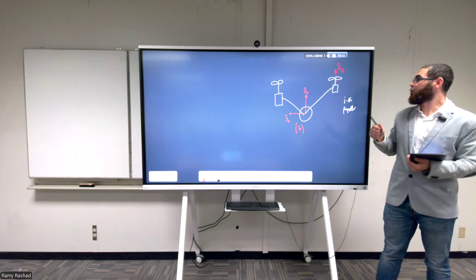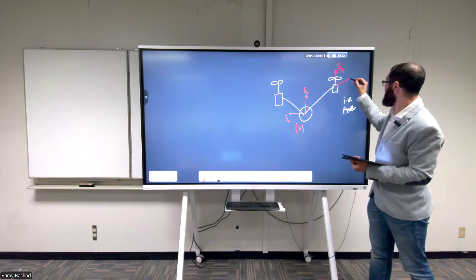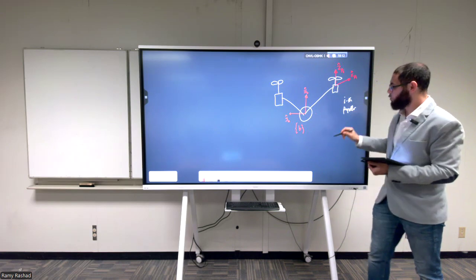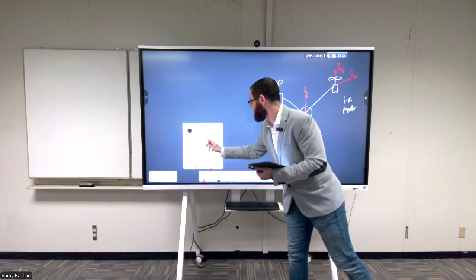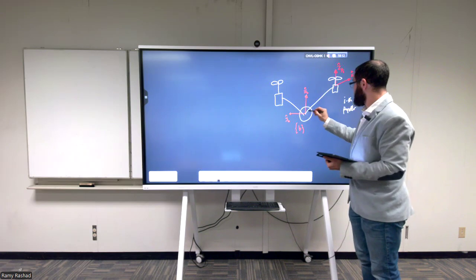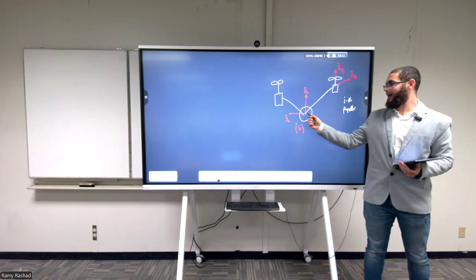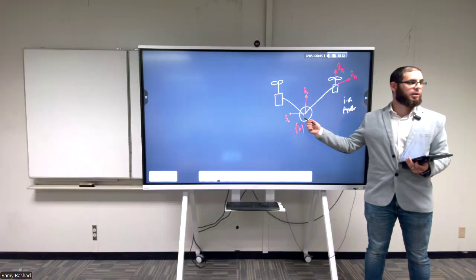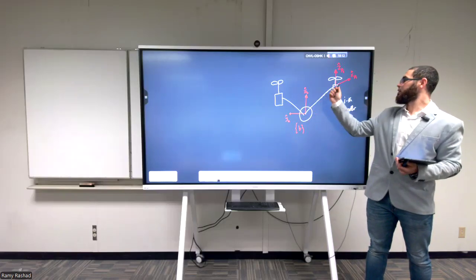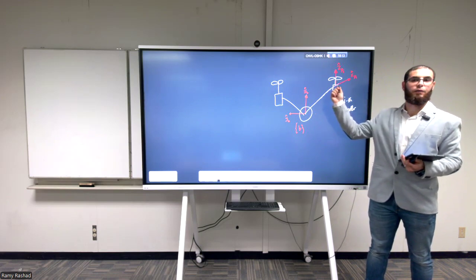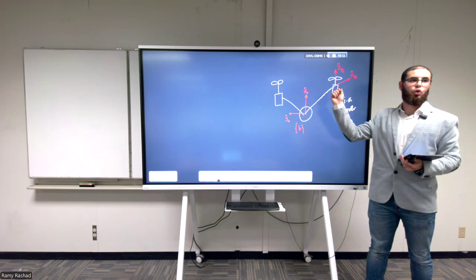The other choice is that we're going to choose the X direction, the X_PI direction, to be aligned with this direction, okay? So that if I am at the origin of the B frame, the body-fixed frame, and I just take a line to the origin of the PI frame, I'm collinear with that line.